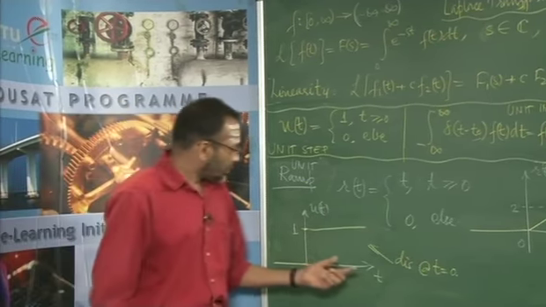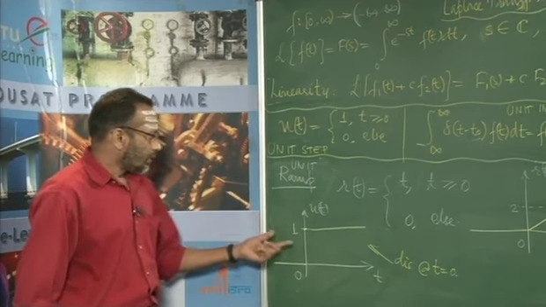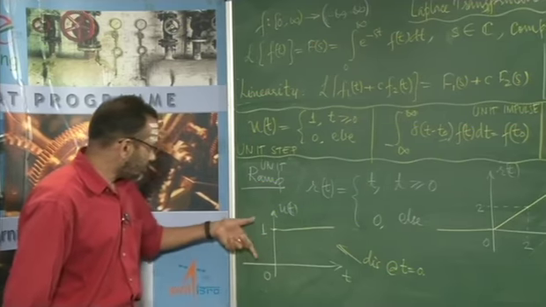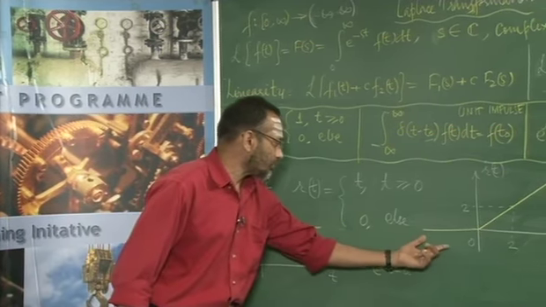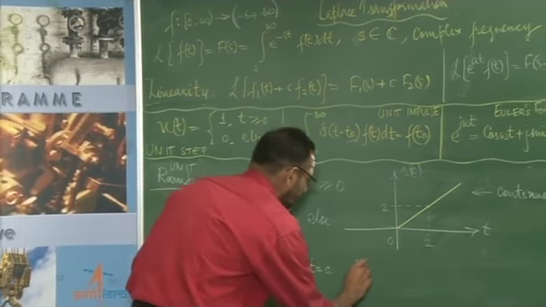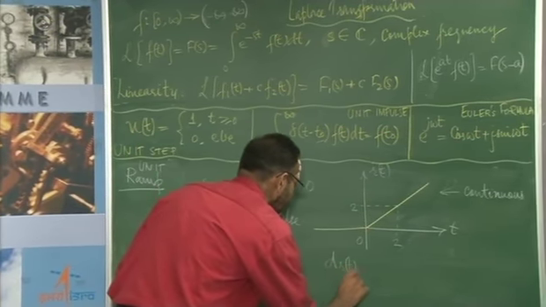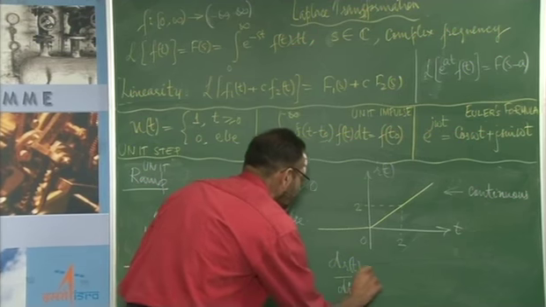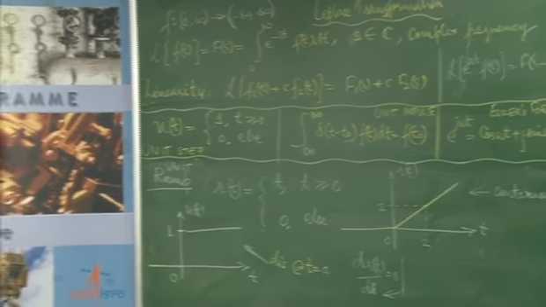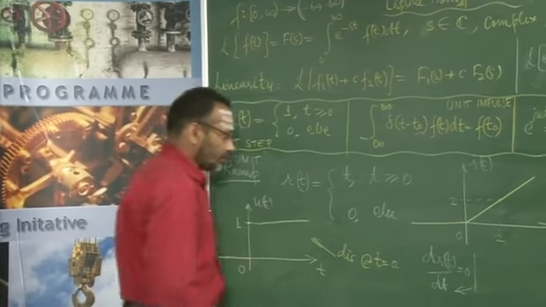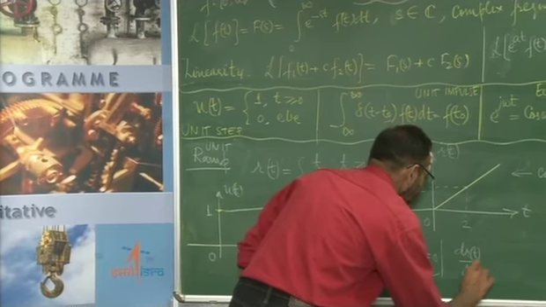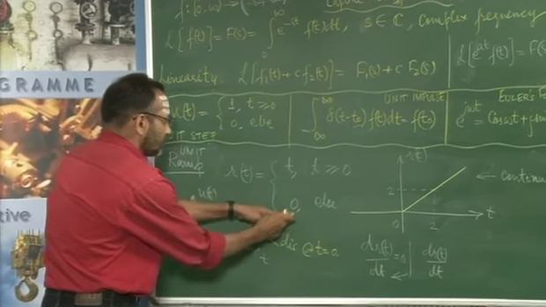Now, I ask, what is the slope of this function? If I were to take the slope of this function, to the left of 0 its derivative is 0. That means dr(t)/dt equals 0 on this side, to the left of 0, whereas to the right of 0, for t greater than 0, r(t) is t.